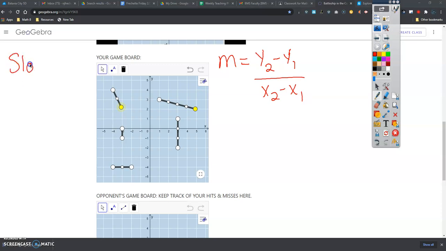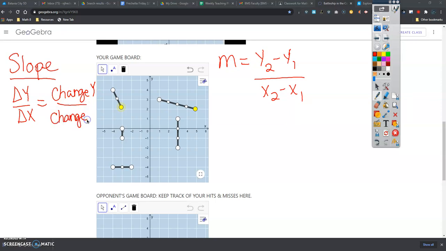But a couple things you need to realize is slope. Some things we need to review about slope, and I've been reviewing this all along in the videos, is slope is delta y over delta x. And all that means is the change in y over the change in x. So I'm going to write that too. Change in y over change in x. Okay?